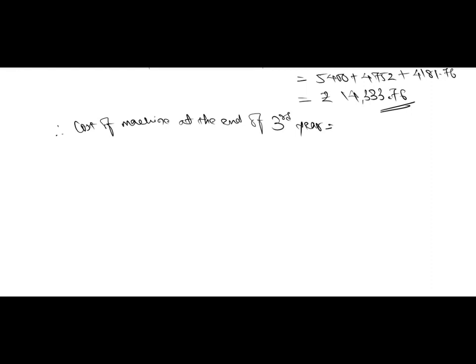It is rupees 45,000, right? We found it out. Minus 14,333.76. So if you calculate this, you will get 30,666.24 rupees. So this is the cost of the machine.